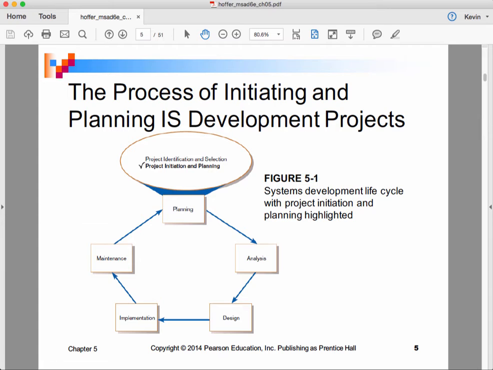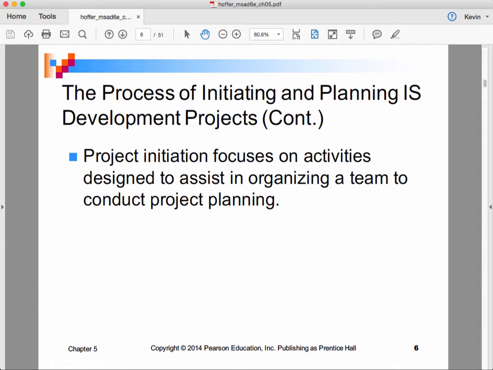And you are initiating a project to capitalize on those opportunities or solve those problems. And you're doing as much planning as is appropriate for the approach that you're taking. So, project initiation focuses on activities designed to assist in organizing a team to conduct project planning, as much planning as your group really believes in.